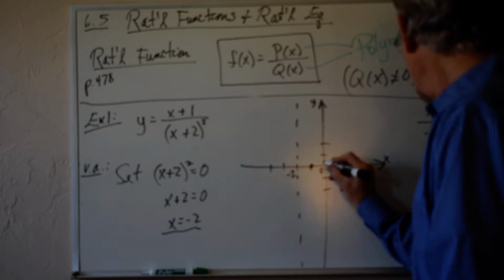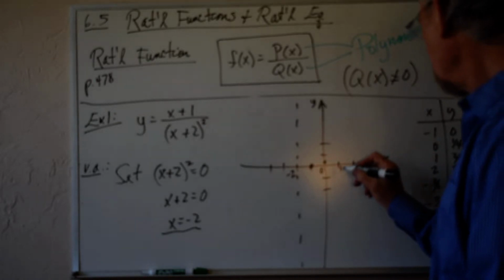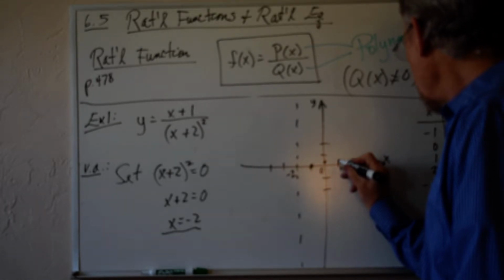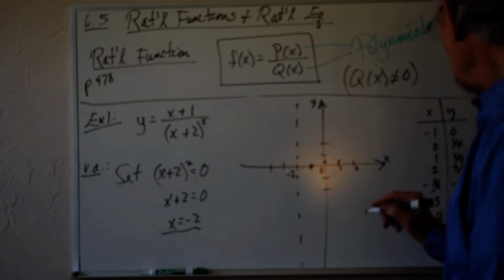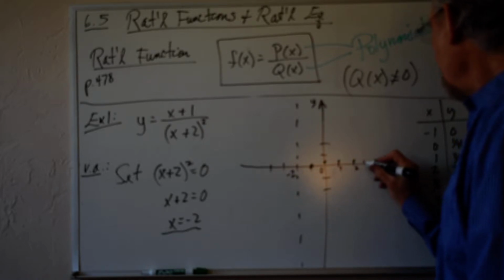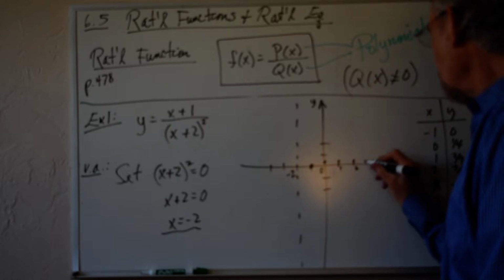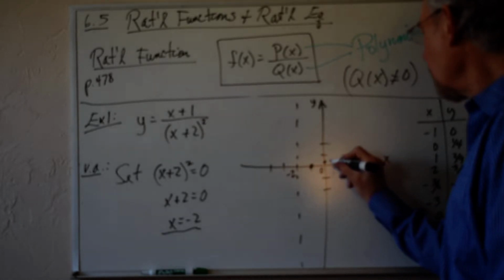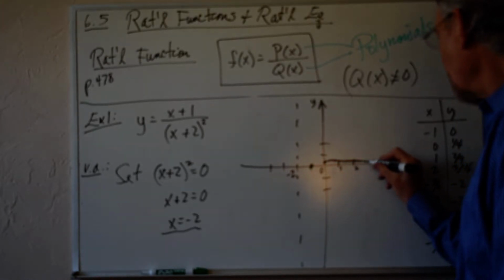Y would be 1/4. When x is 1, it's 2/9, which is slightly less than 1/4. When x is 2, it's 3/16, which is slightly less than 2/9. And they're going to keep getting lower and lower as we move along. So this part of the curve has a little hump there, and then it gets lower and lower.